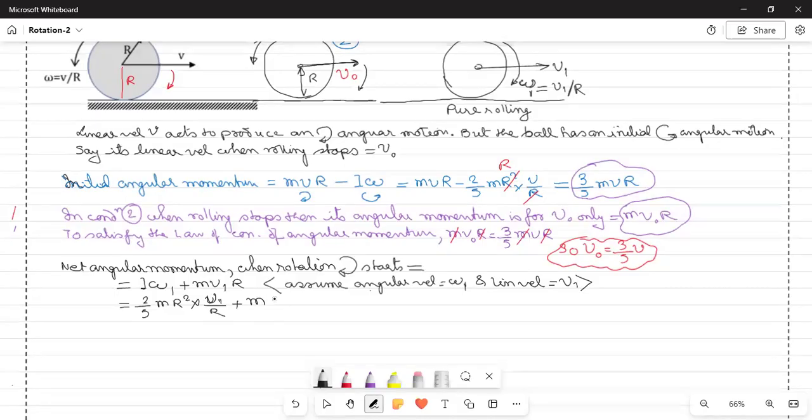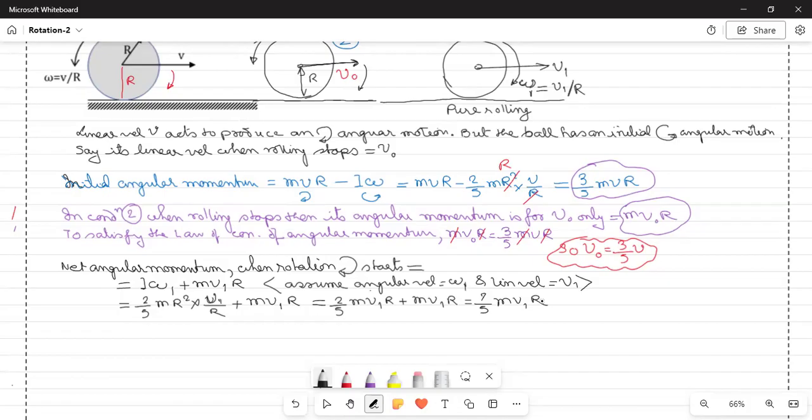This is m v1 r. So we get 2 by 5 m v1 r plus another m v1 r, which equals 7 by 5 m v1 r. This is the angular momentum now in position 3.